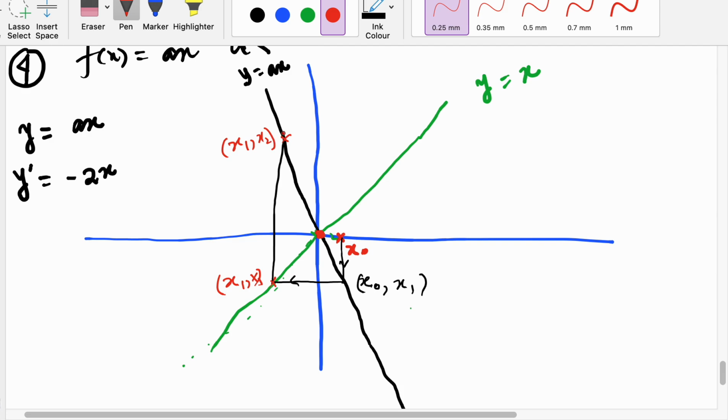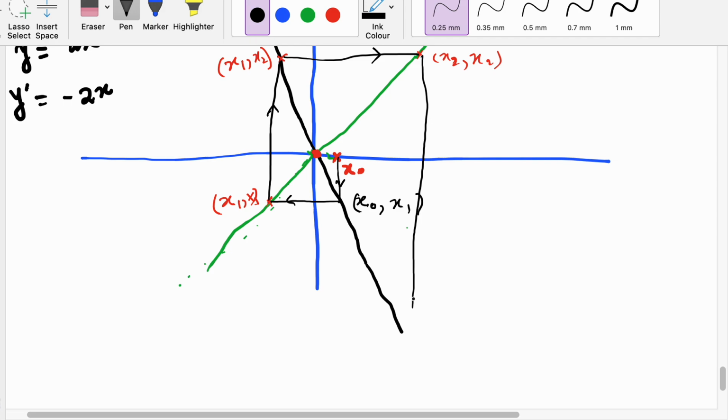Now to generate x2, we draw a horizontal line that gives this point, which is x2. Now from x2 we want to generate x3, so we again draw a vertical line.